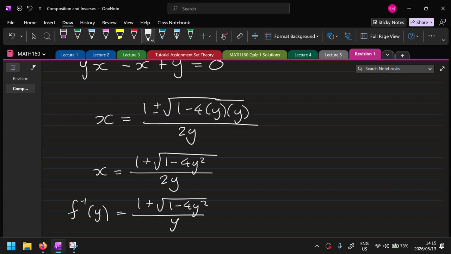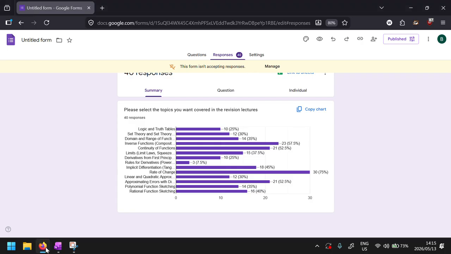Okay. So the next thing on the list was continuity. So we've got continuity, approximating errors, and tangents and normals. Yeah? Not given that? Restriction. What restriction?